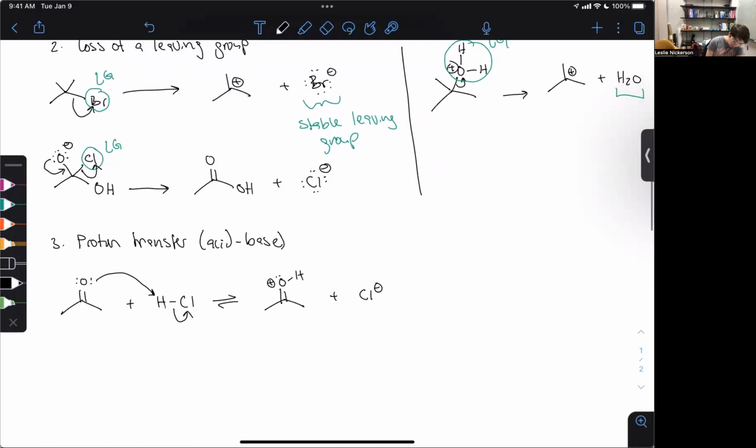We've also seen other instances where we have something like a phenol. Let's react that with OH minus. We can have that lone pair attack that H, give electrons to the oxygen.